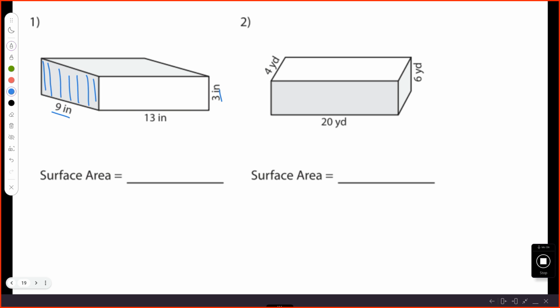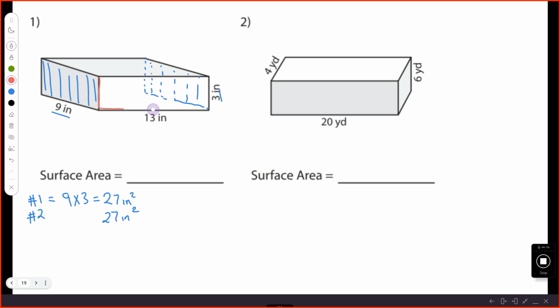All right, so side 1 is 9 times 3, or 27 inches squared. Well, if that one is 27 inches squared, then this one is also 27 inches squared. So side 2 is also 27 inches squared. All right, let's take a look at this side.